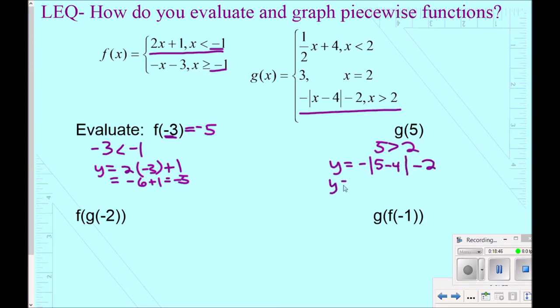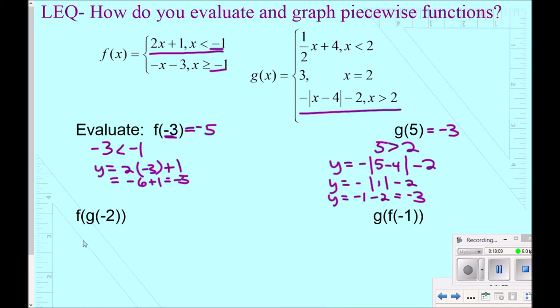So y is equal to negative the absolute value, 5 minus 4 is 1, minus 2. The absolute value of 1 is 1, and I have a negative in the front, so that's -1, minus 2 is equal to -3. So g of 5 is equal to -3.